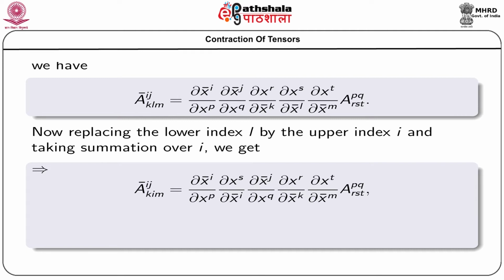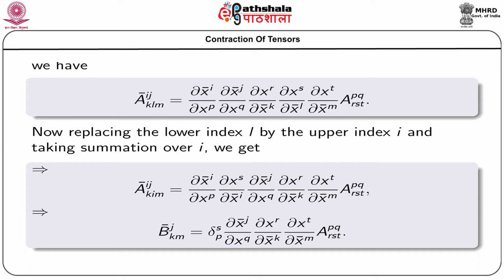So, in the right hand side expression also, we change l to i, that is del x bar i, del x p, del x bar s, del x bar i, del x bar j, del x q, del x r, del x bar k, del x t, del x bar m, a p q r s t, which takes the form this one.